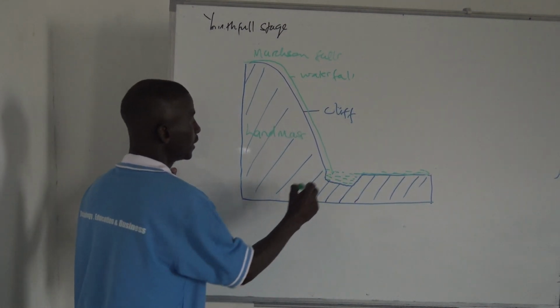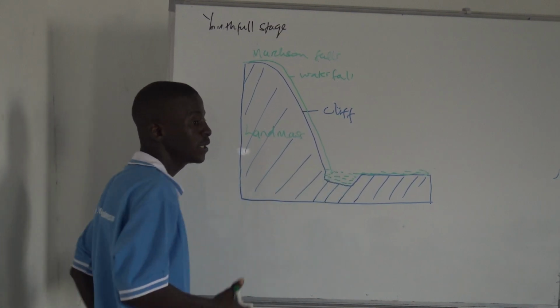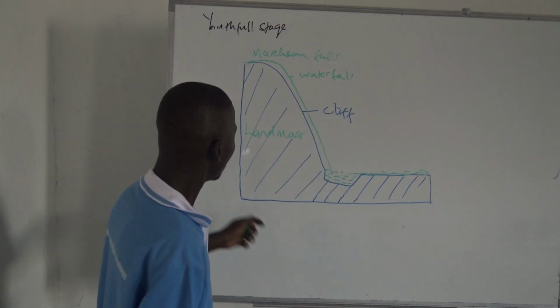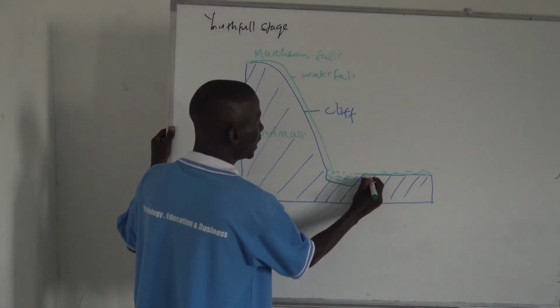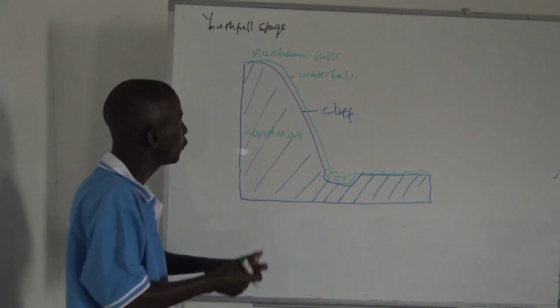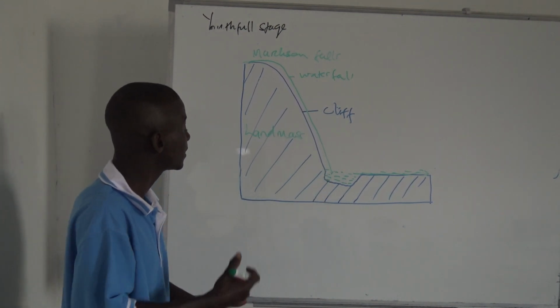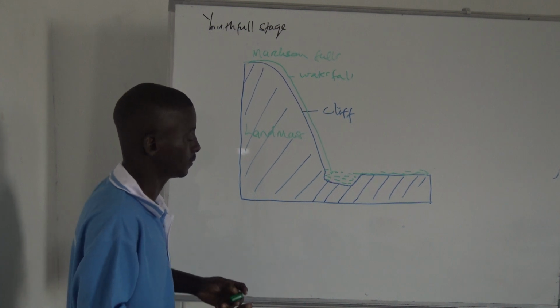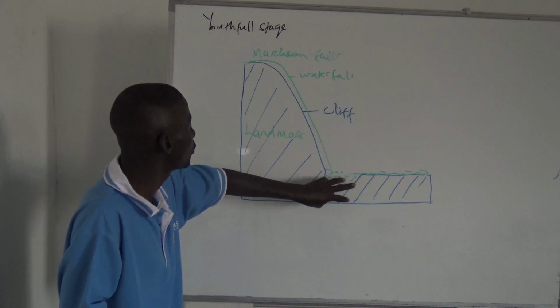Now, at this point where the water is falling, materials have been eroded away. Initially, it was flat like that. But because the water is falling with a lot of force, it hits this ground and starts eroding some rocks which were here.